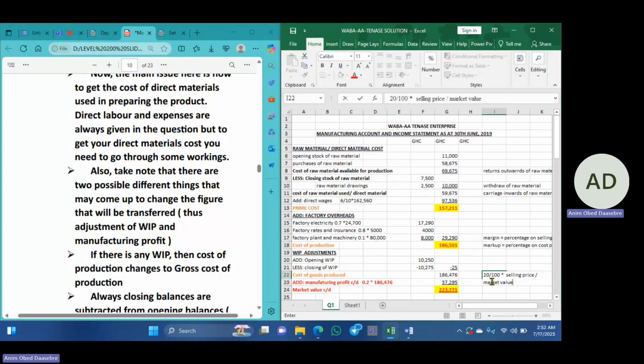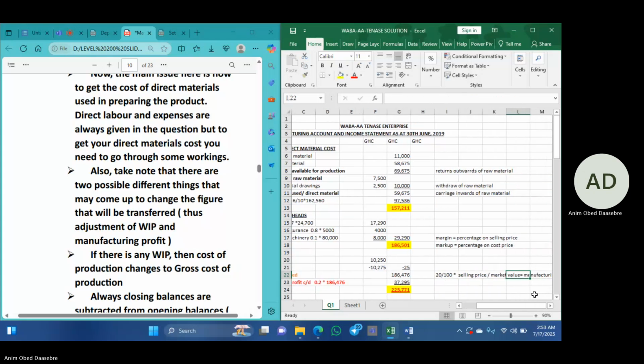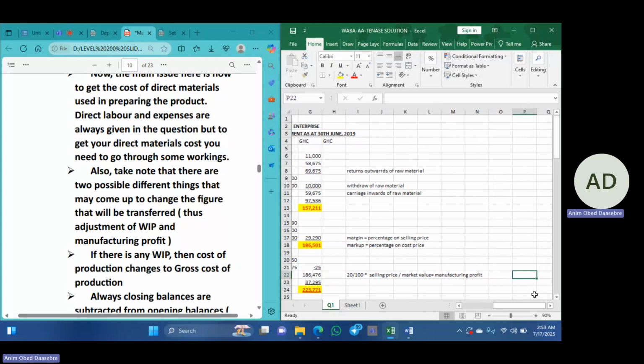Then you can apply that 20% margin on the selling price to give you your manufacturing profits.